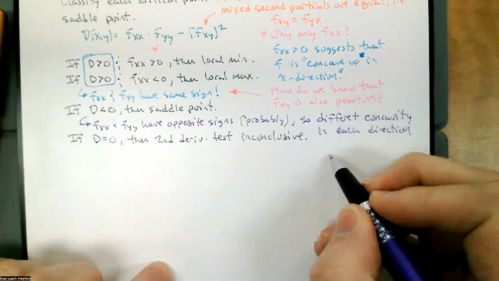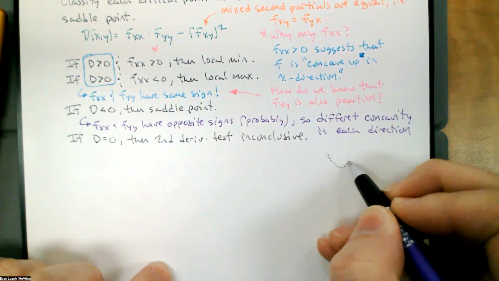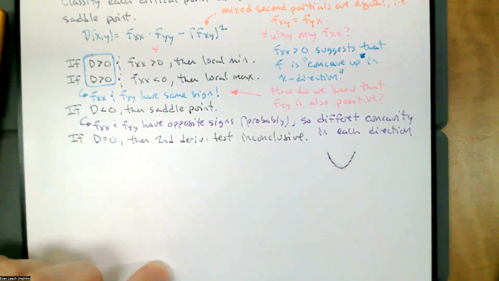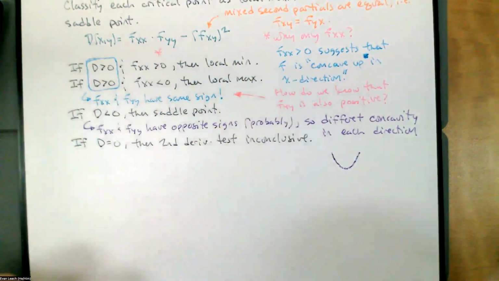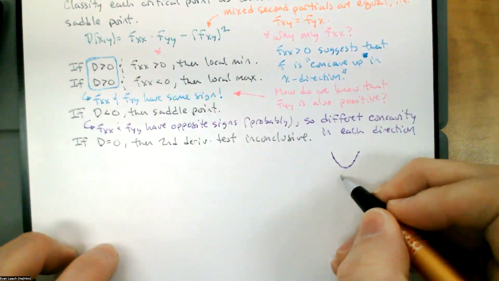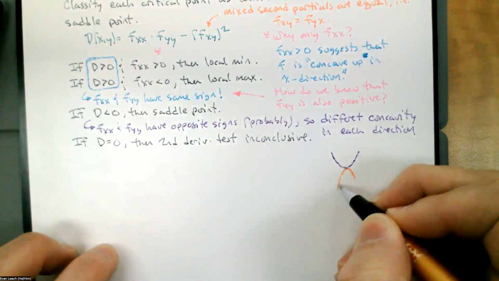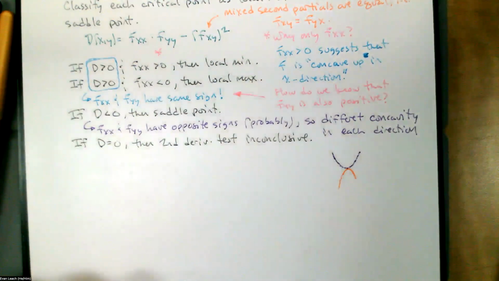So in one direction, we've got a concave up, and in another direction, we have some concave down.